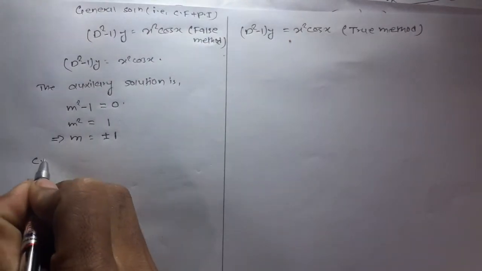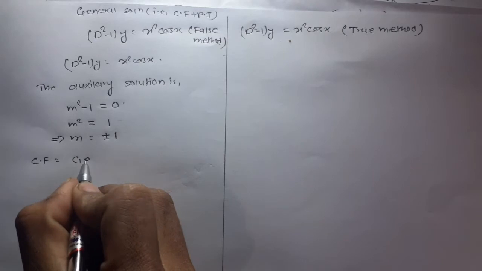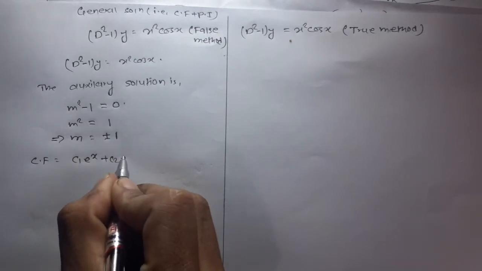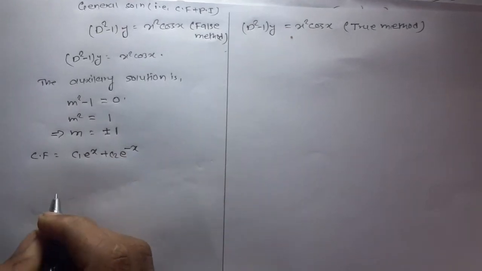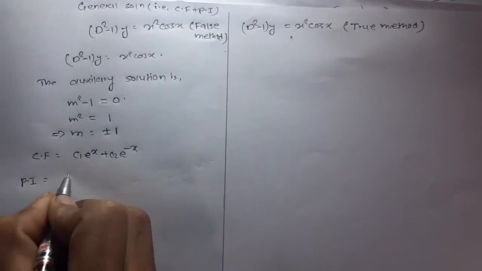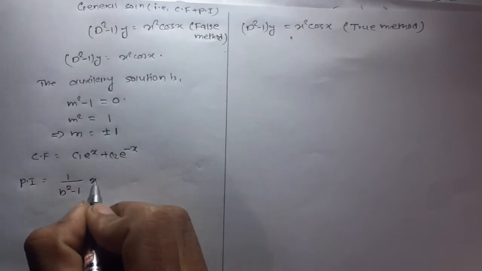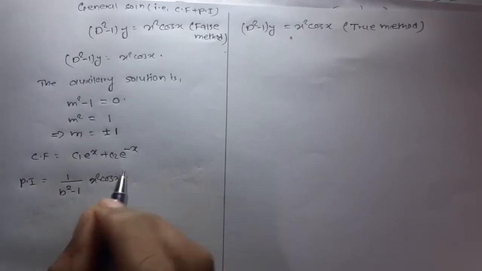Now the complementary function is c1 eˣ + c2 e^(−x). Now for the particular integral, PI = 1/(D² − 1) x² cos x.